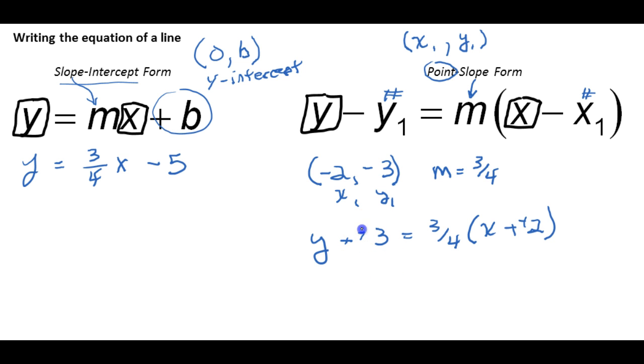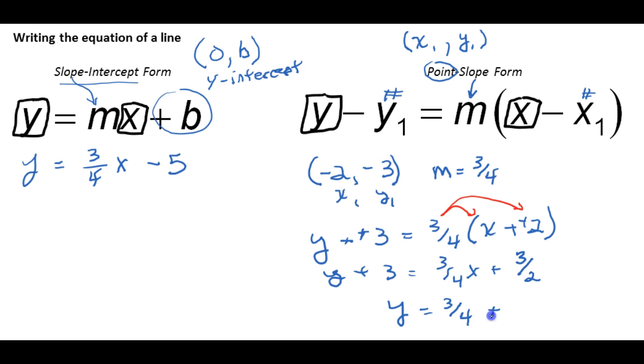And then usually it requires you to put it into slope-intercept form, so you're going to rearrange it back into this form by distributing the 3/4, and again, just use a calculator to help you do that. And so you have y plus 3 equals 3/4 x plus 6/4, or in other words, you're going to wind up with 3/2, and then subtract 3, and again, get the calculator out to help you with this.